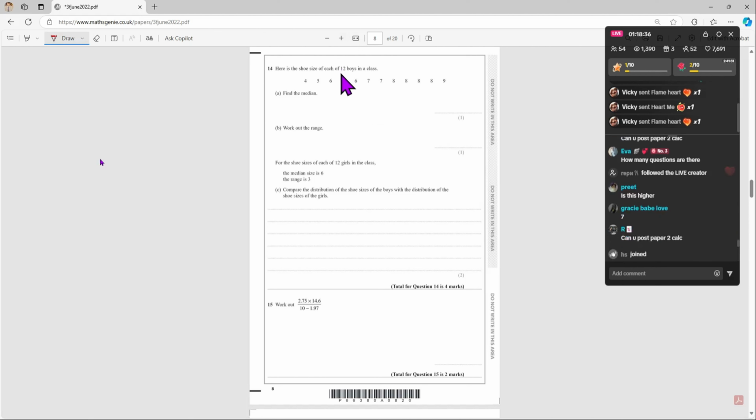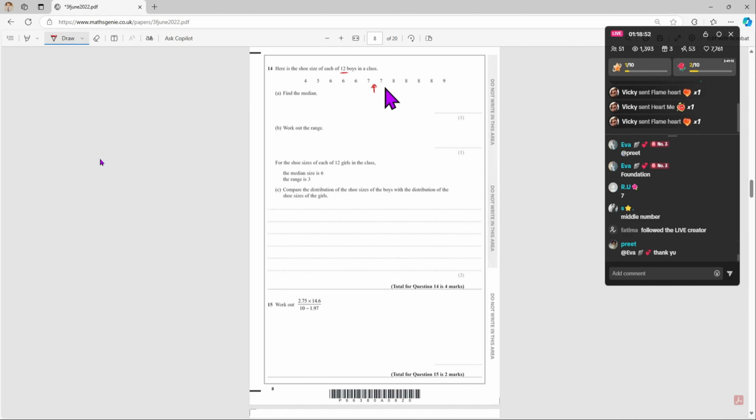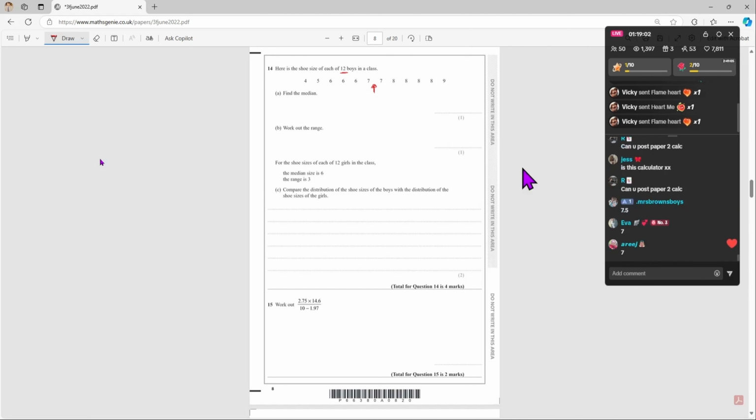We know that there are 12 boys, meaning that the median will be 6.5. The middle is going to be 6.5. So that's 1, 2, 3, 4, 5, 6. So the middle is right here, in the middle of 7 and 7. So what is going to be our median, guys? It's going to be 7.